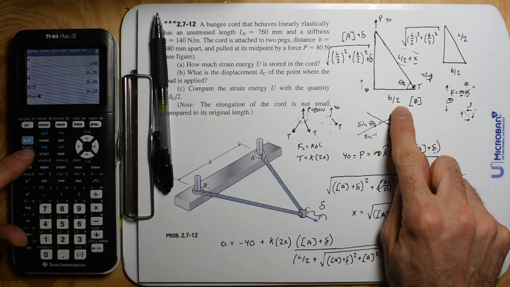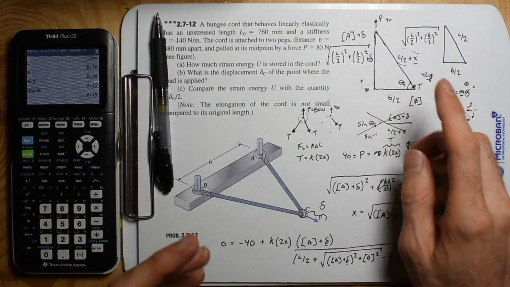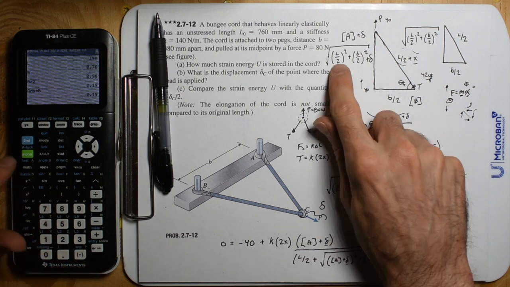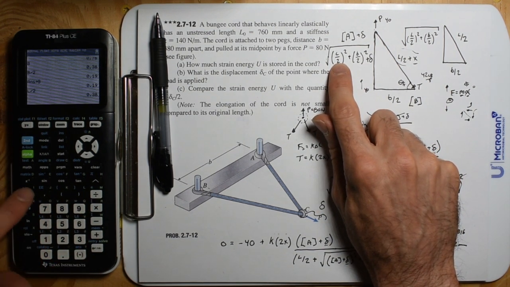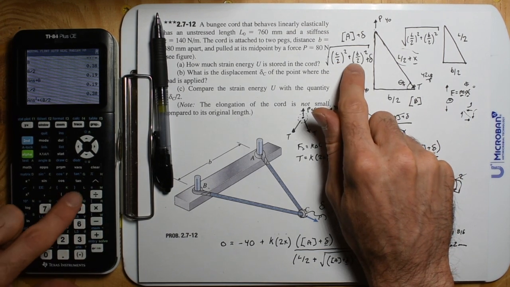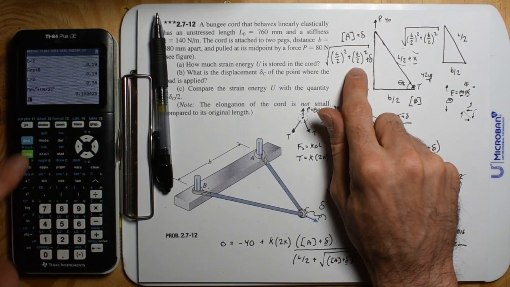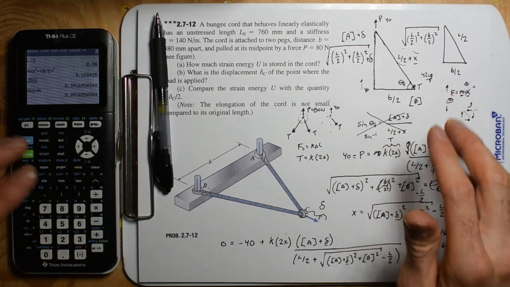Well, that was dumb of me to store that as B as well. That's all right. So B is now B divided by 2. A is going to be this. So we're going to go alpha L divided by 2 squared plus alpha B divided by 2 squared, and then square root that. And that is what we're going to call alpha A. That's a constant. Okay, hell yeah.